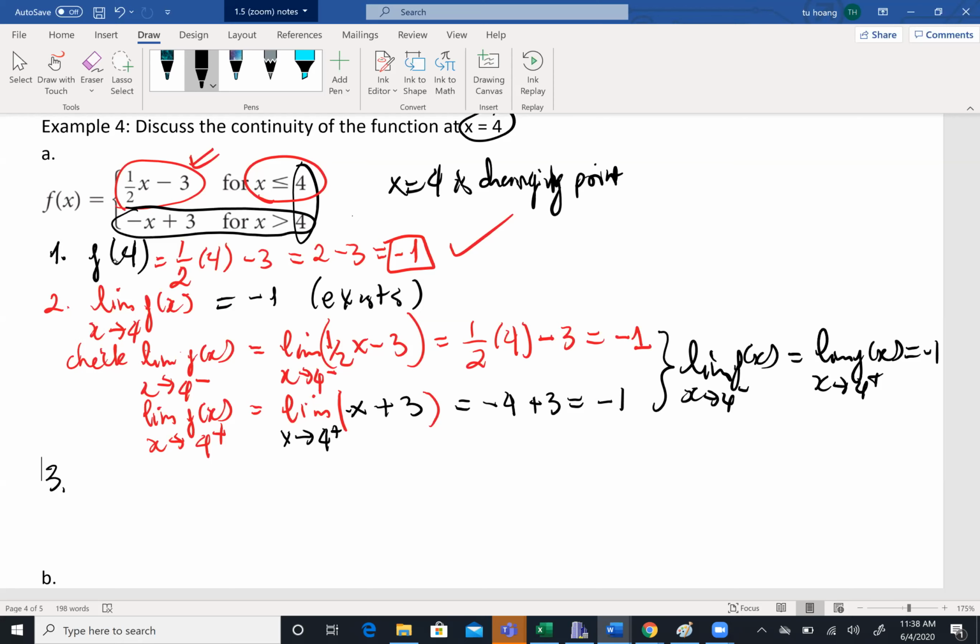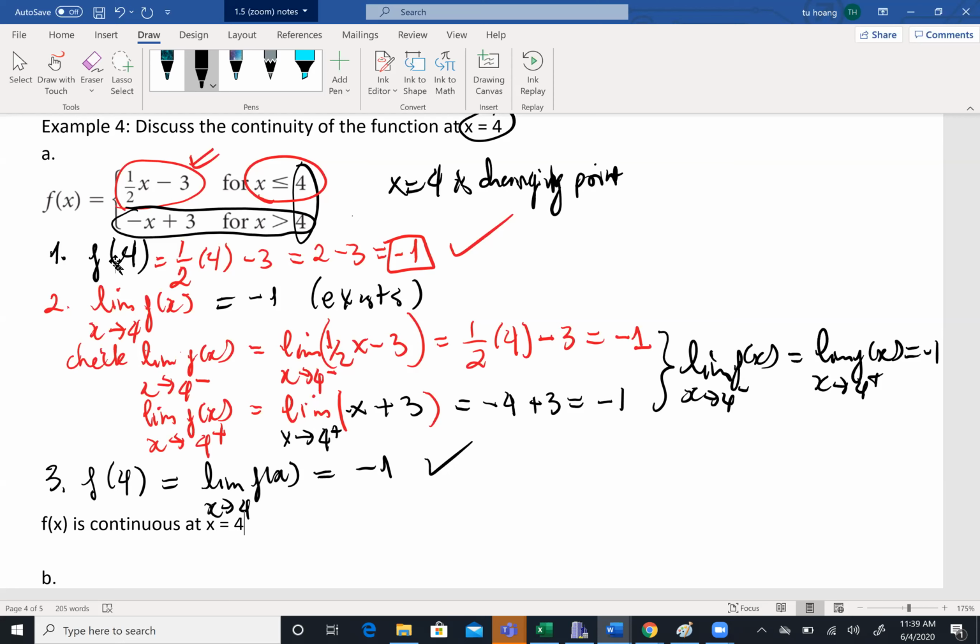The third one checks if f(4) equals the limit of f(x) when x goes to 4. And yes, they are equal to each other and equal to negative 1. So again, I still want to say f(x) is continuous at x equal to 4.